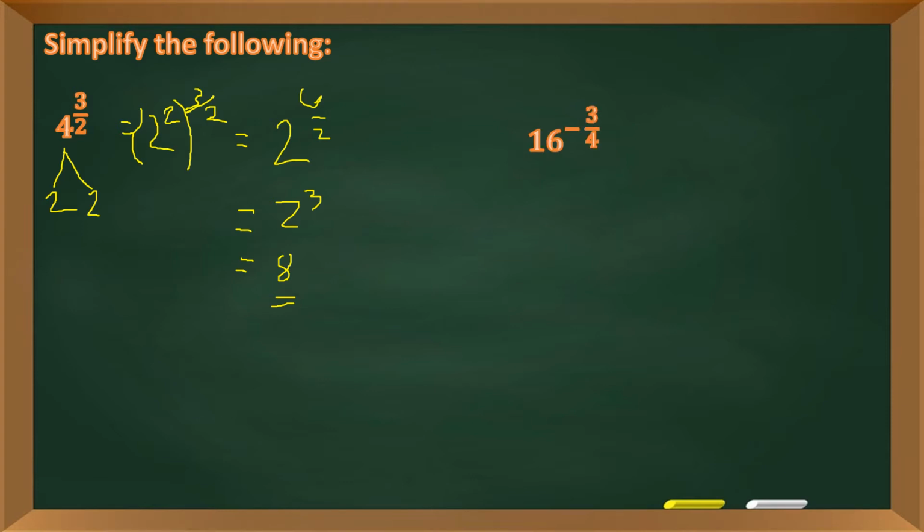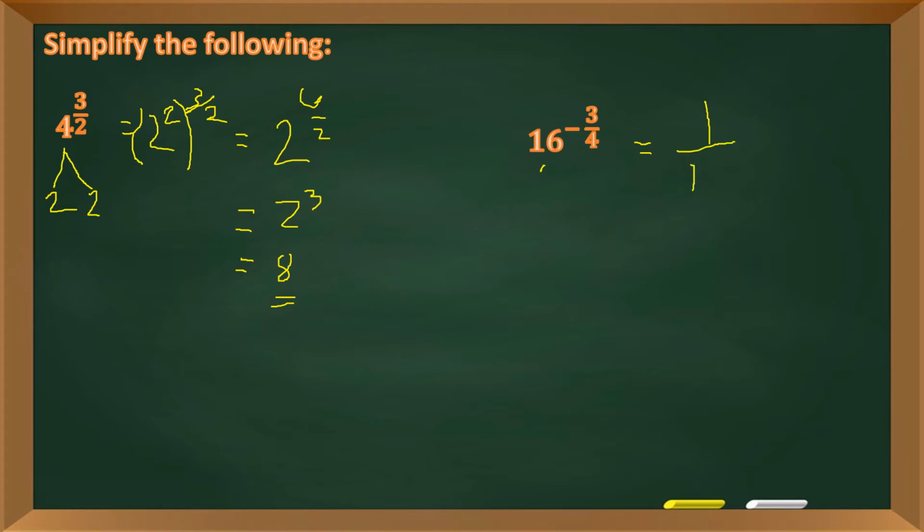Another, 16 raised to negative 3/4. Before we can simplify it, or prime factorize it, of course, we have to express the negative exponent first into a positive exponent.